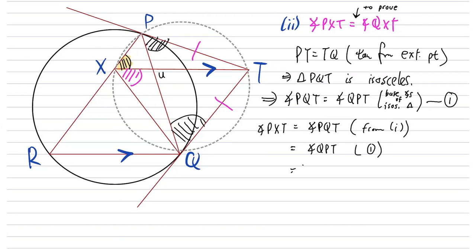Good. So that's angle QPT. But are we done yet? No, one more step. QPT equals the pink angle we are trying to find, QXT. Reason? Reason is angles in same segment. Okay, good. And then we are done.